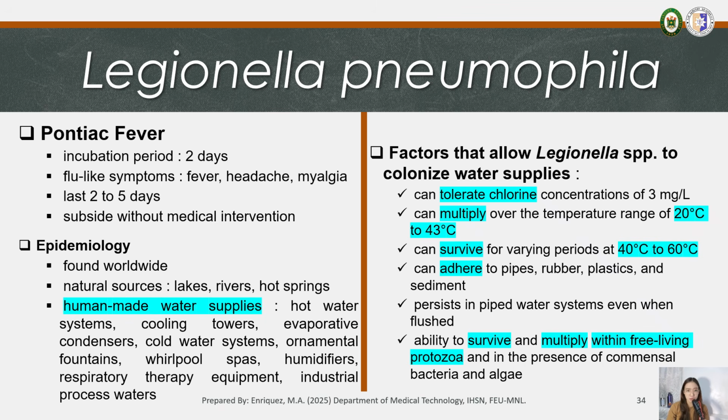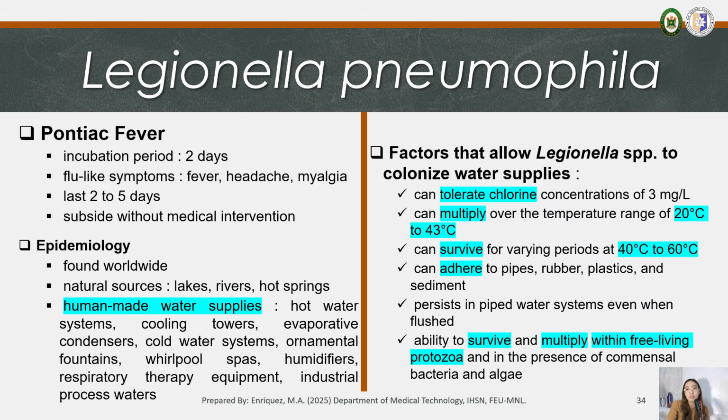So swimming pools, colonized. Legionella can continuously multiply even at temperatures as high as 43 degrees Celsius, and it still can survive at up to 60 degrees Celsius. So, hot springs and jacuzzis colonize.